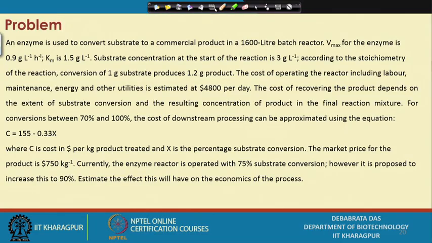Now there is another enzymatic system that we work out, to find out the economy of the process. This is a little bit different compared to what we have done in the previous part. An enzyme is used to convert the substrate to a commercial product in a 1600 liter batch reactor.